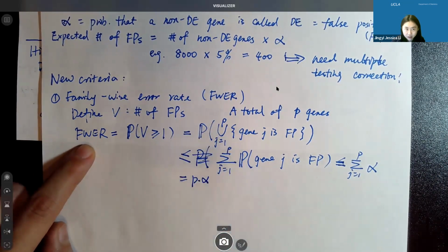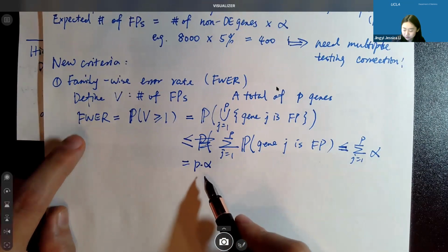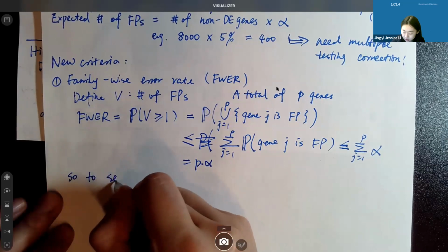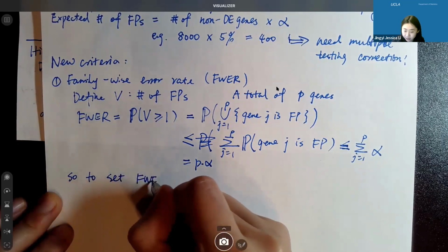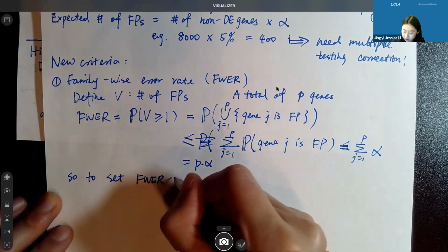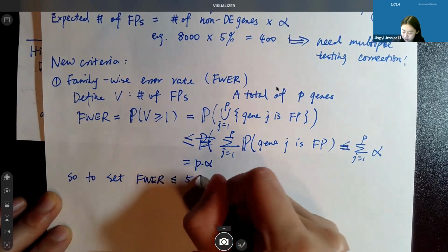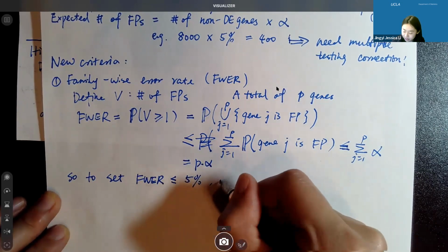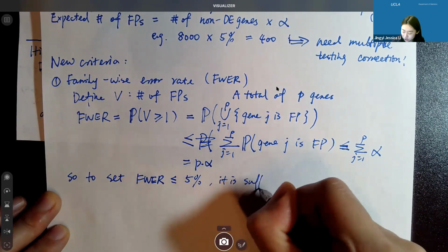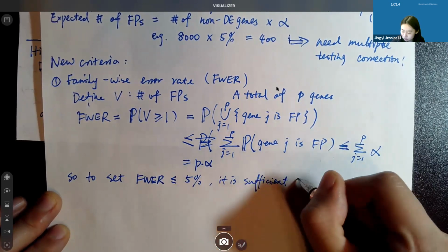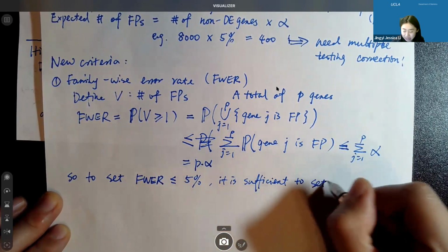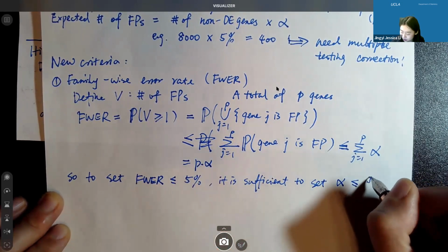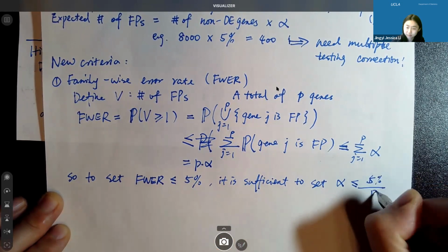That is always valid. So if we want to bound this family-wise error rate to say under 5%, if that's the thing we want to control, then a sufficient condition is to set this alpha less or equal than 5% divided by P, right?